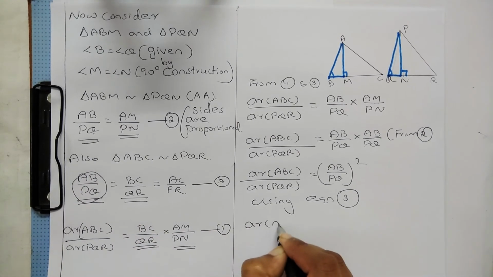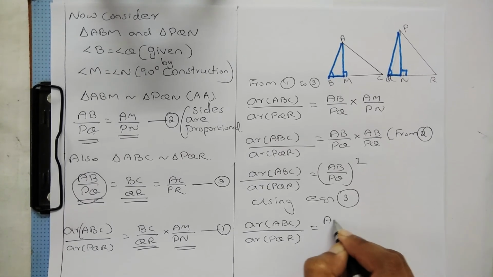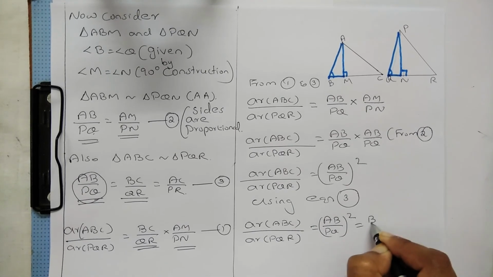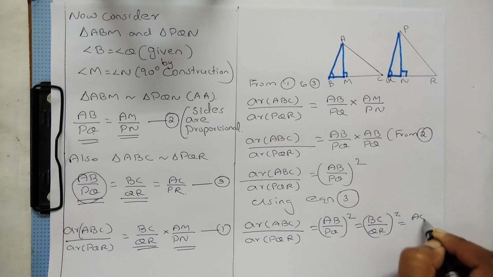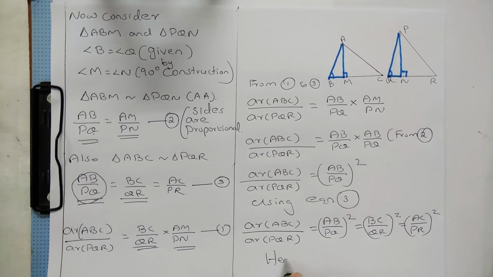That means area of ABC divided by area of PQR is equal to AB by PQ the whole square is equal to BC by QR the whole square is equal to AC by PR the whole square. This is what we have to prove. So hence proved. This is how you have to prove. Clear?